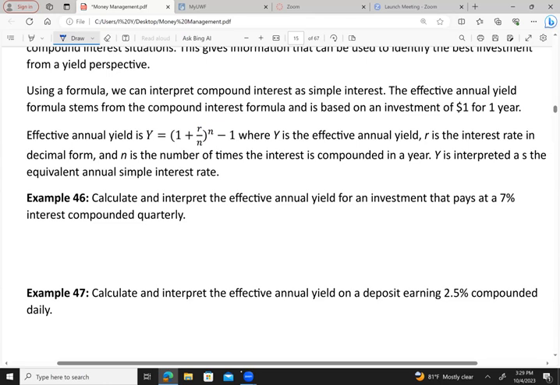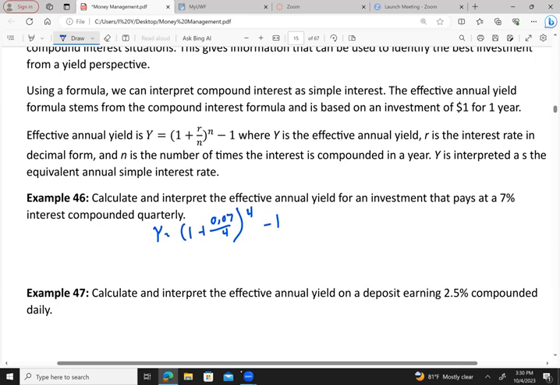So let's look at what we have here. Calculate and interpret the effective annual yield for an investment that pays a 7% interest compounded quarterly. So Y equals (1 plus 0.07 over 4) to the 4th power minus 1.